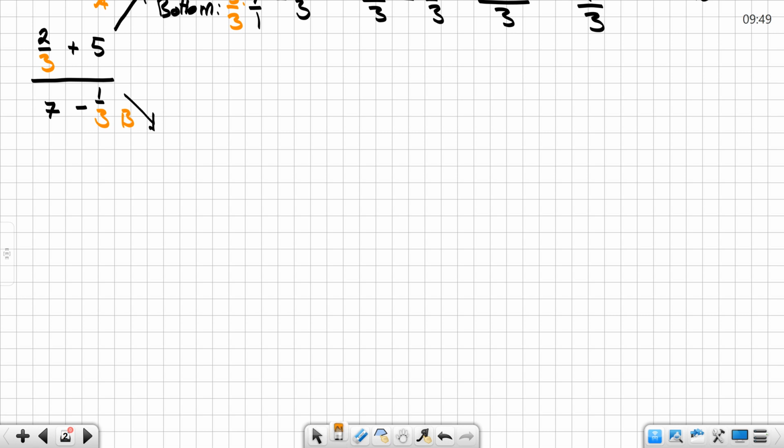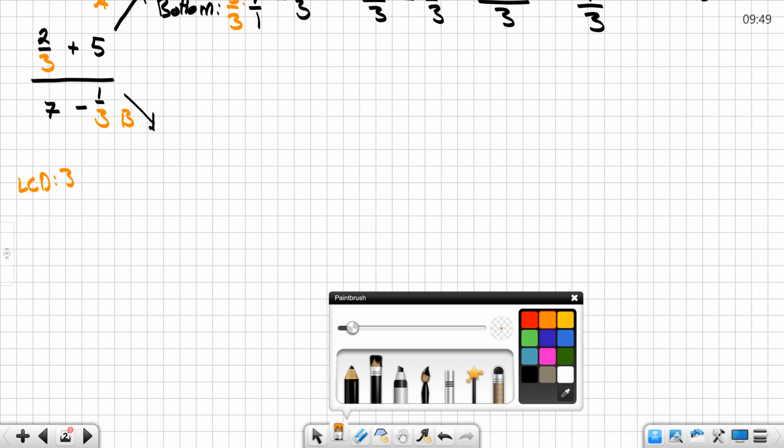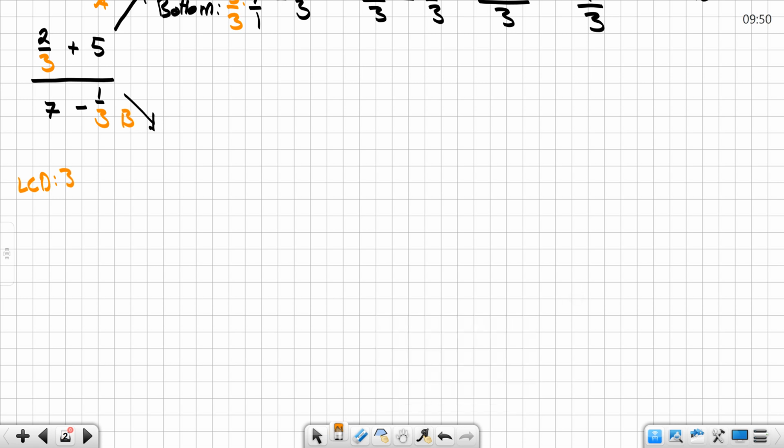So that means that the least common denominator overall is 3. So I use the least common denominator as a tool. Let me just rewrite the problem. And I multiply the top and the bottom by 3. In other words, I multiply this whole complex fraction by 3/3.